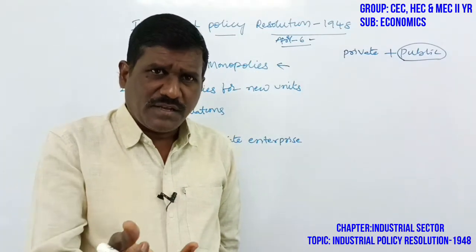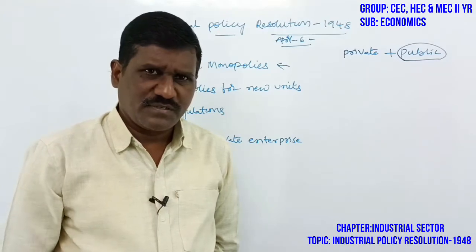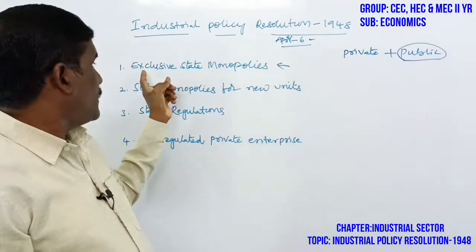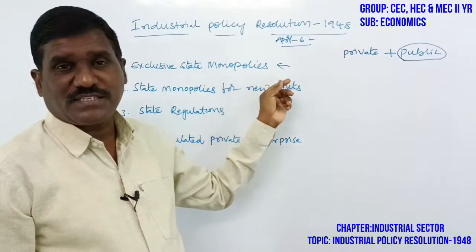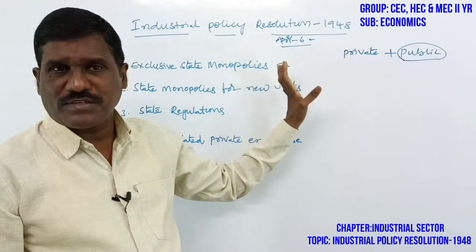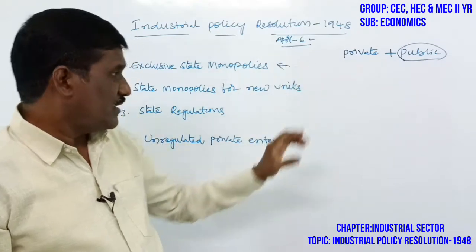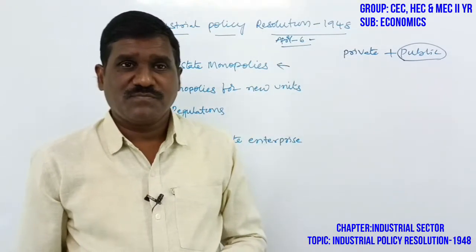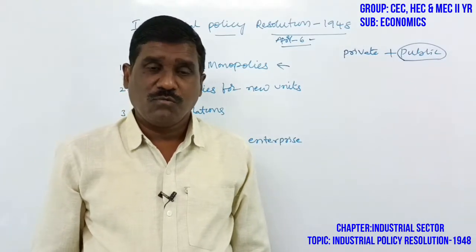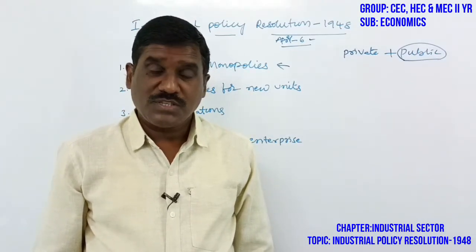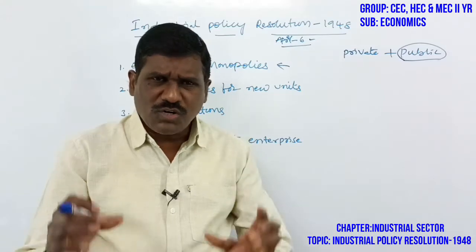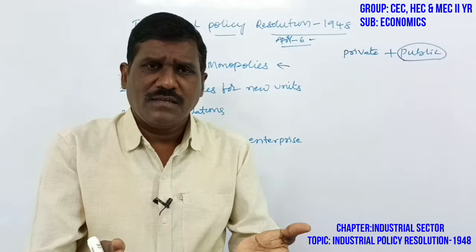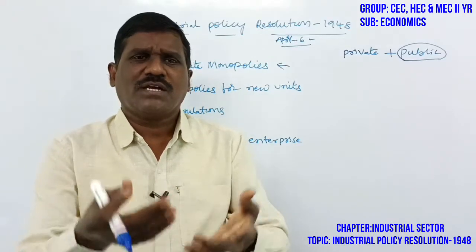Industries related to defense are totally under the exclusive state monopolies. They are totally organized by the government. That is the first one. Then state monopolies for new units: telephone, telegraph, wireless, coal. These are industries which are going to be established, and such industries are established by the government sector only.